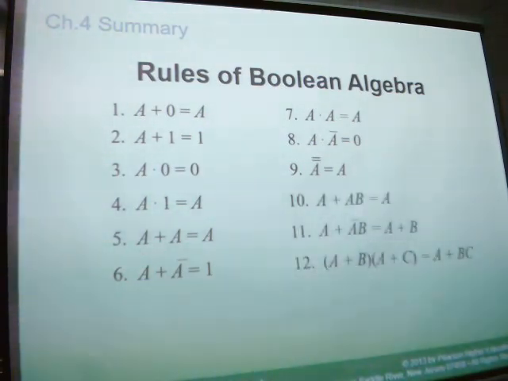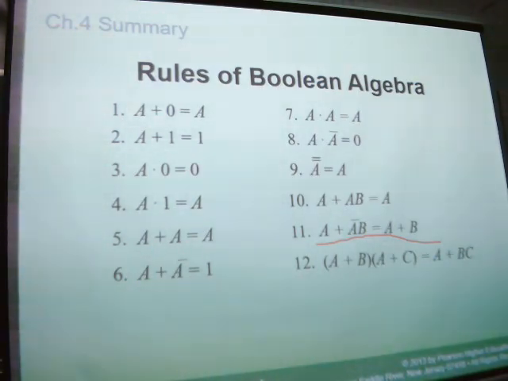Rules 10, 11, and 12. Rule 10 is A or AB equals A. And rule 11 is A or A bar B equals A or B. The symbol or can also be called plus.